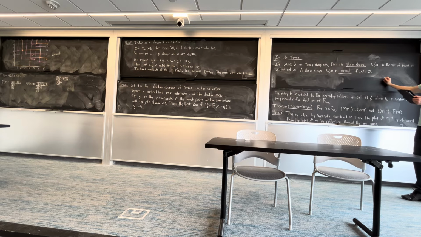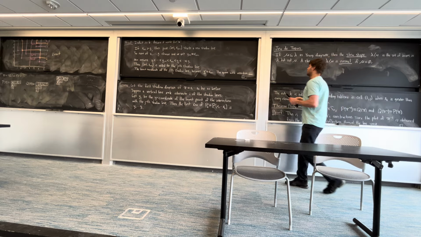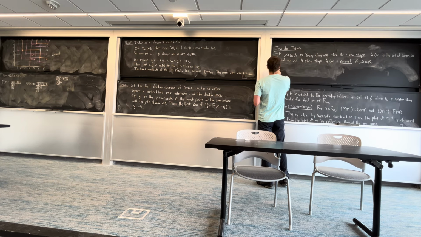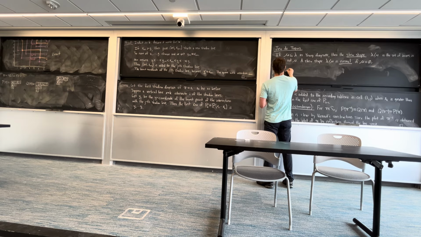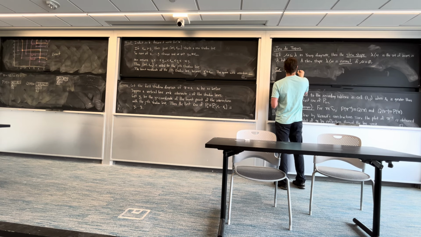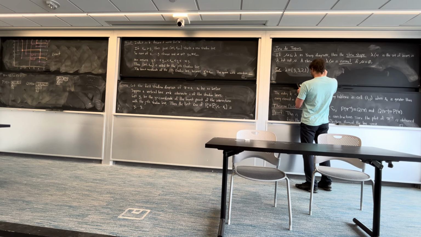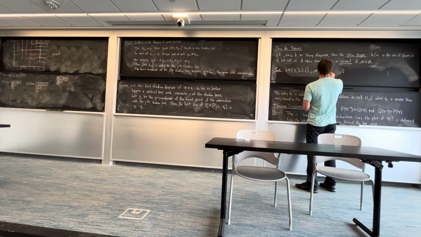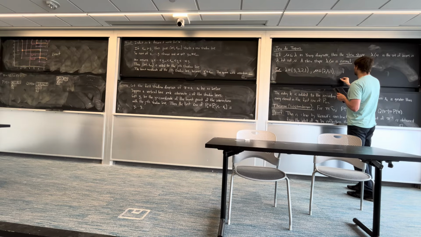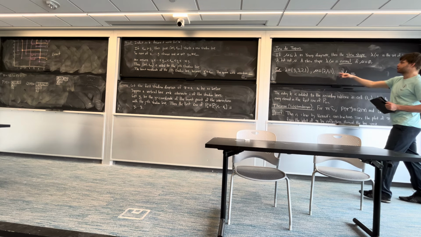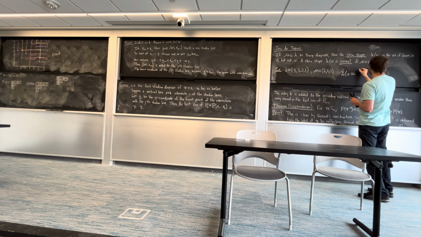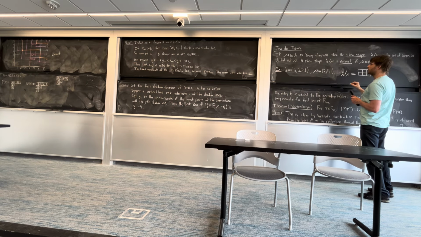Okay. So here's an example. Let's say lambda is 3, 3, 2, 1, and mu is 2, 1, 1. Then lambda over mu, this diagram, should be, okay, so I'll just draw 3, and then 3, and then 2, and then 1.